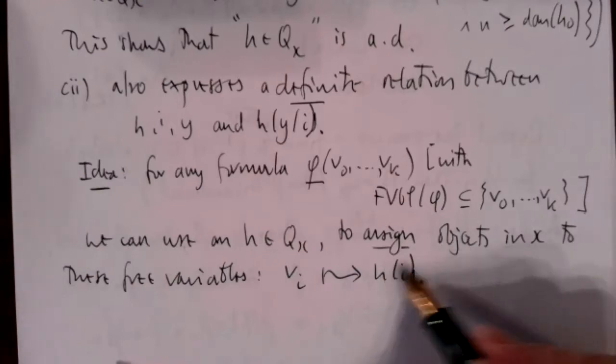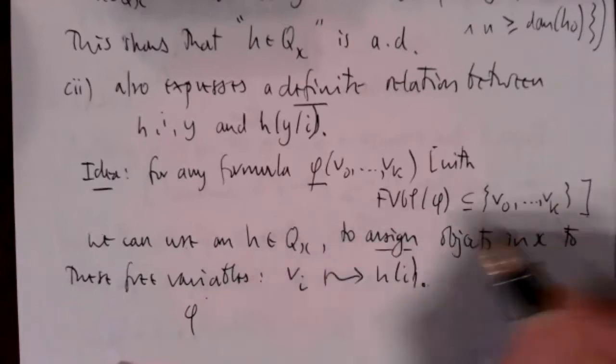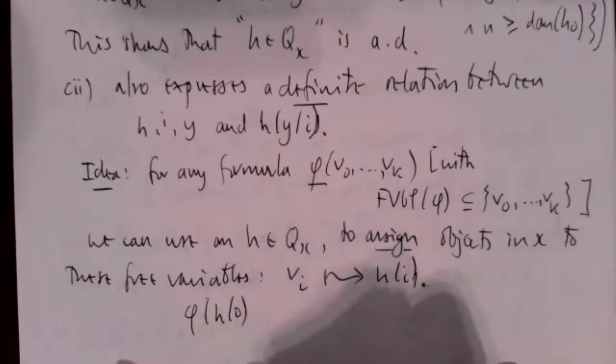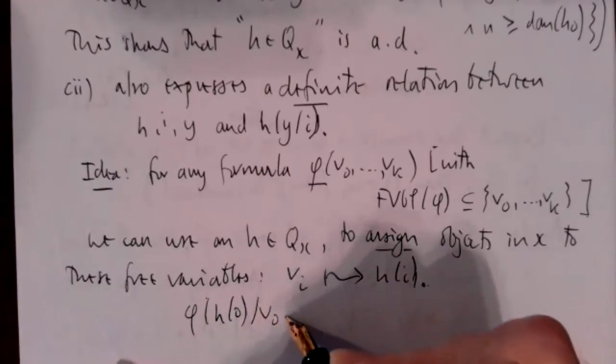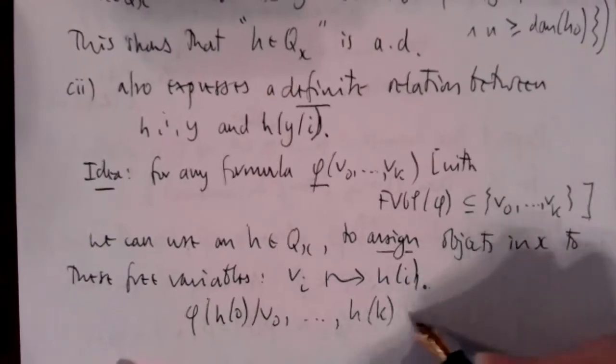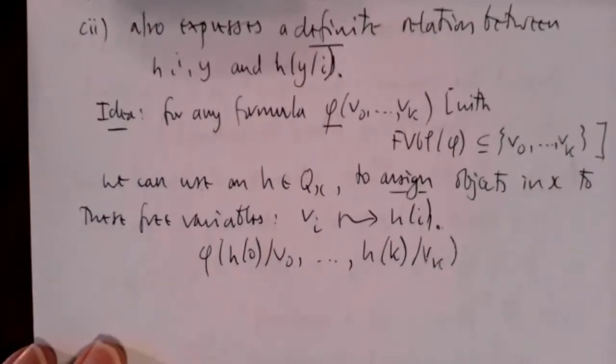So now when we assign objects like this, I've got this formula phi, and now I've substituted in h of 0 for v0, and I substituted in h of k for vk. Right?